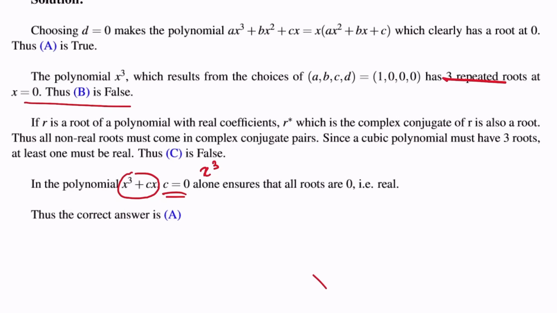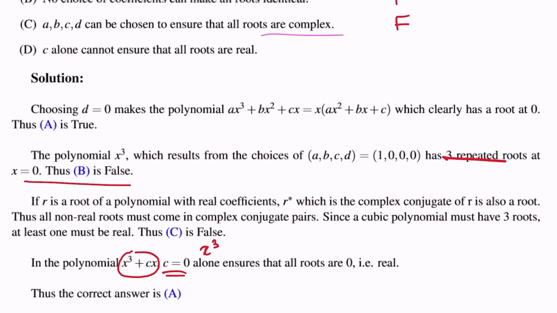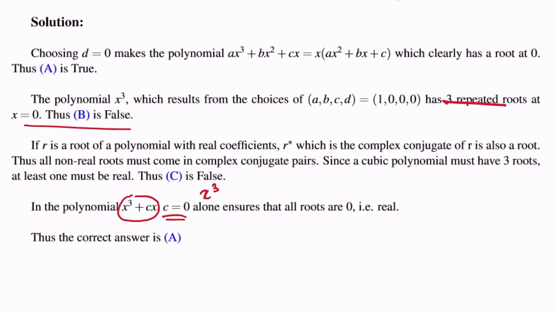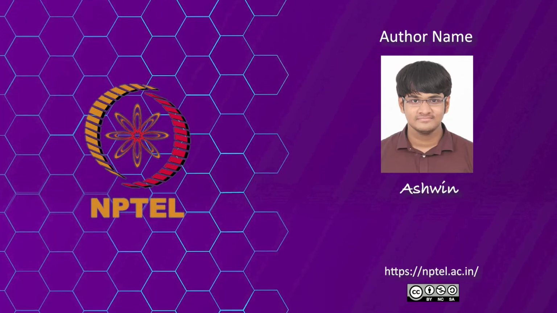So therefore all the roots are 0, which is a real number, and so all the roots are real. And thus option D is not true. So therefore the only correct answer for this question is option A.